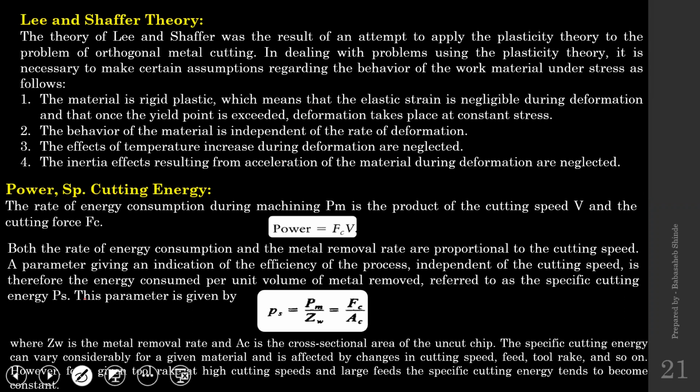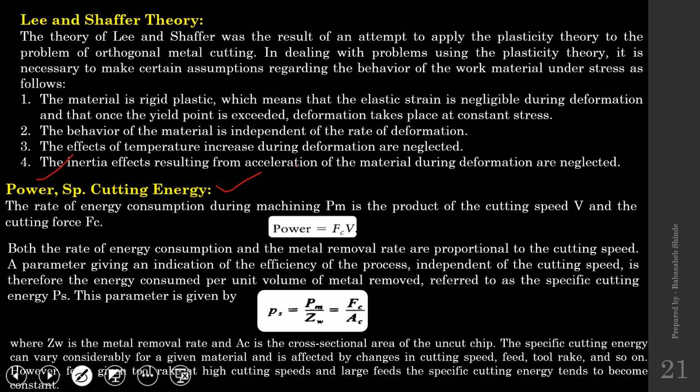Next, power and specific cutting energy. The specific cutting energy term we have discussed in abrasive machining, but we'll apply that to single point cutting tool machining also. Before that, what is meant by power?